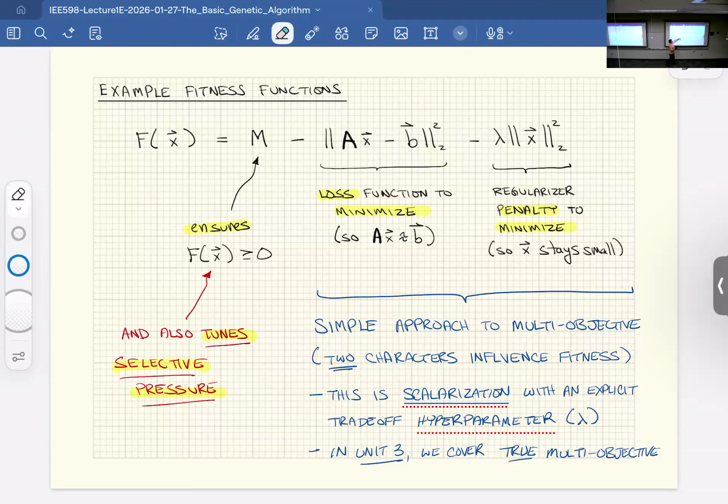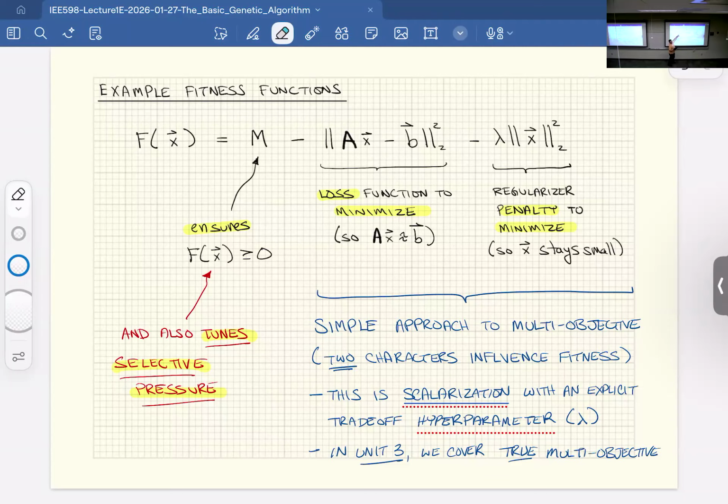This is a hyperparameter that you'd have if you've ever had to train a neural network, these regularization terms. This isn't a GA hyperparameter. It's a hyperparameter of whoever set up the problem. Somebody who set up the problem has said this is how I'm penalizing these types of solutions, so this matters to me in a way that's more central to my problem.